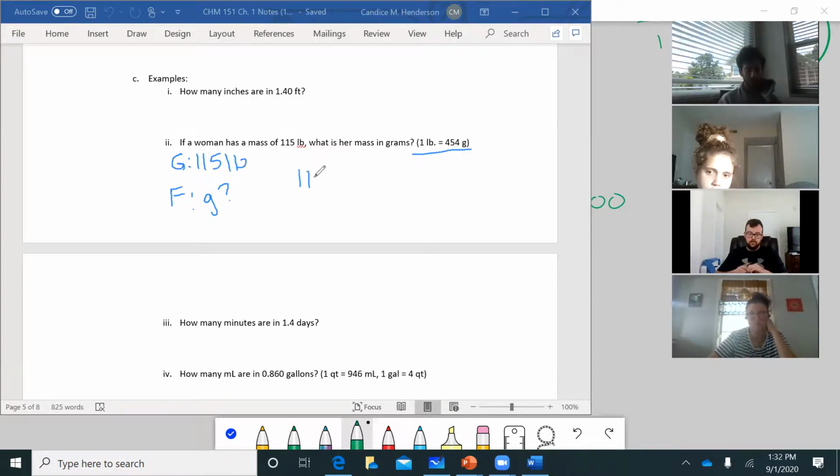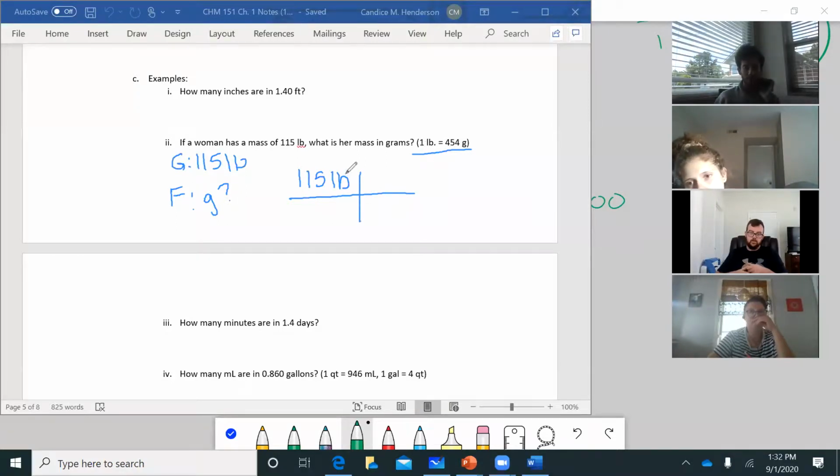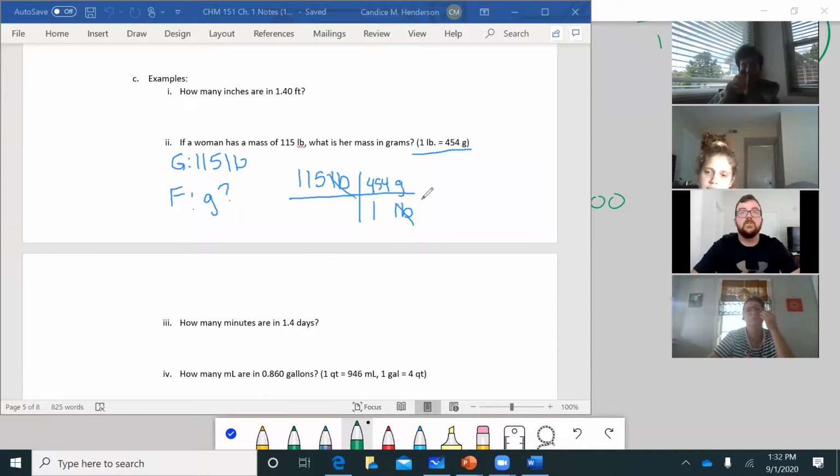So we start off with our given information. We use our conversion factor in such a way that units are opposite of each other. So pound goes on the bottom, gram goes on the top, 454 for every 1 pound. Pounds will cancel and we'll be left with units of just grams.